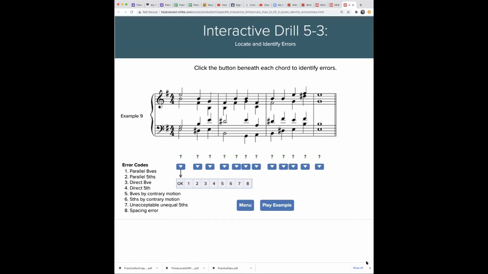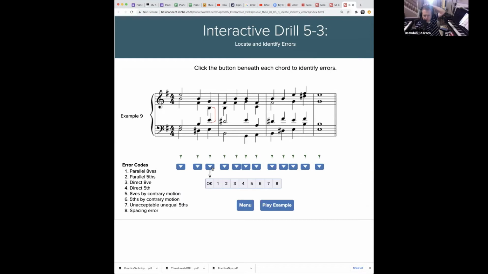This is a spacing error, I think. Where is there a spacing error? Those are usually the easiest ones to find, right? Yeah, it's in the 3rd chord. The tenor is crossing the alto. We have voice crossing right here. All right, so we're going to call that 8.